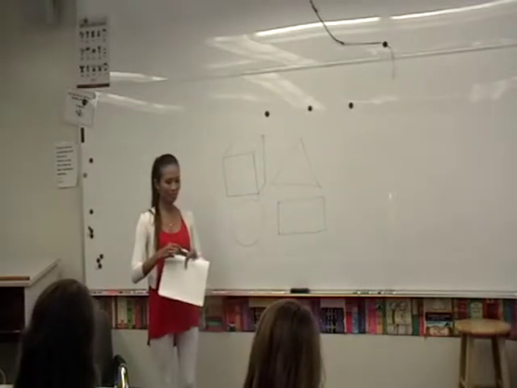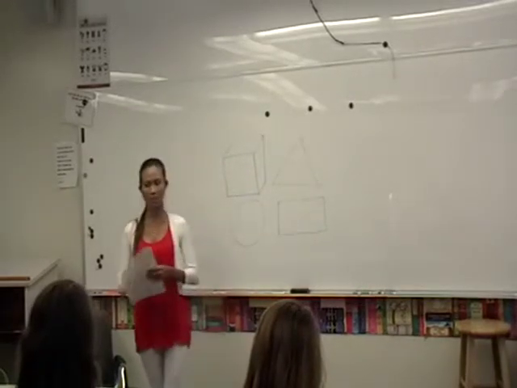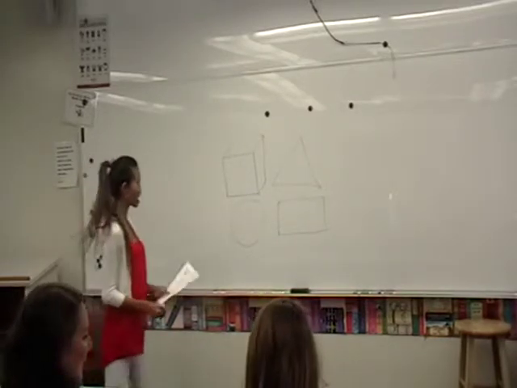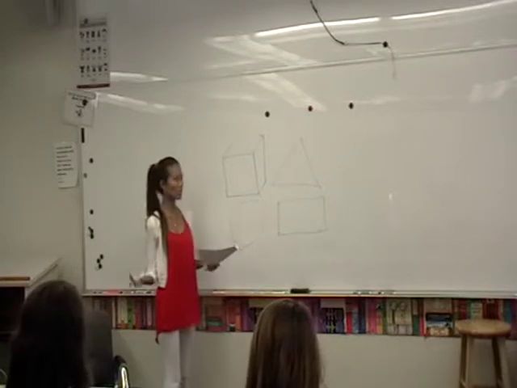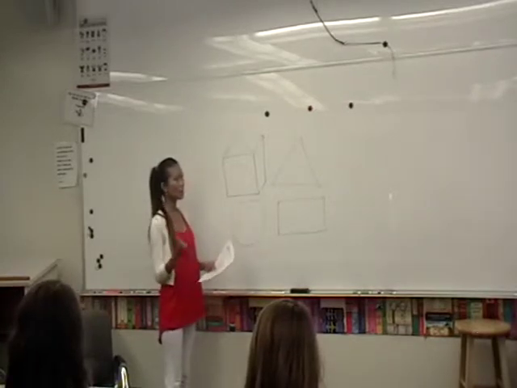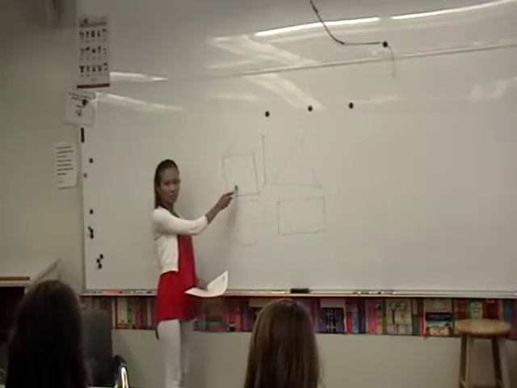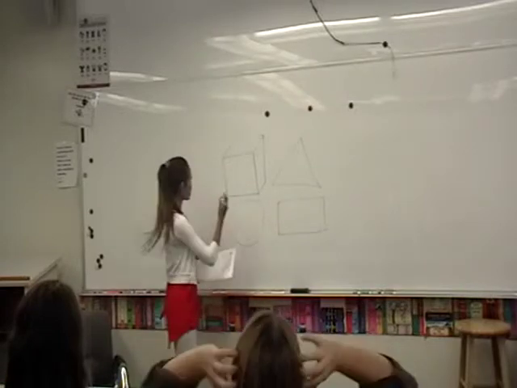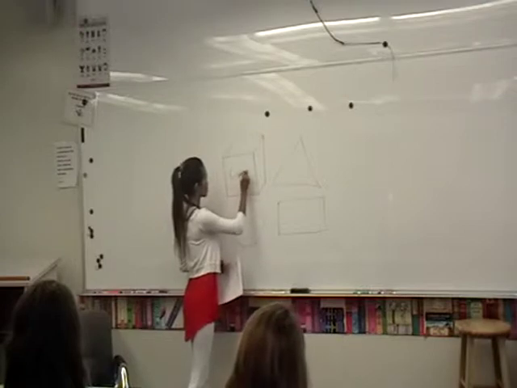So, do you have any idea what we're going to learn today? Shapes. Good. Yeah, today we're going to learn about shapes. So, does anyone know what this is? What's the name for this picture? Cube. Good. It's a cube.